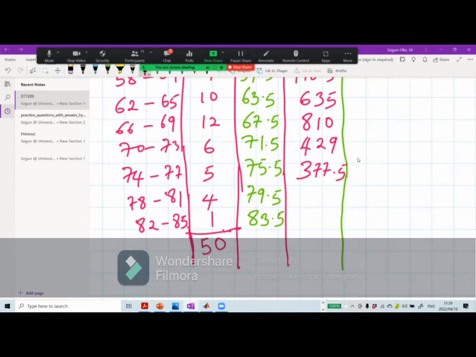Next, 318. And the last, 83.5. Now add everything together. Add everything.